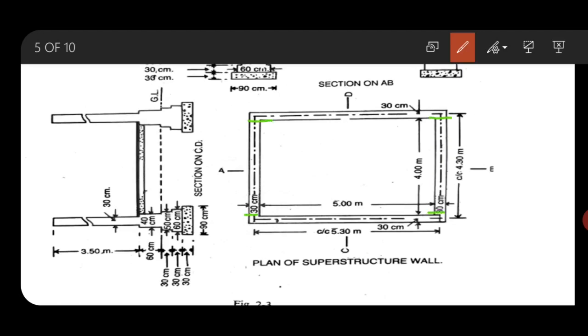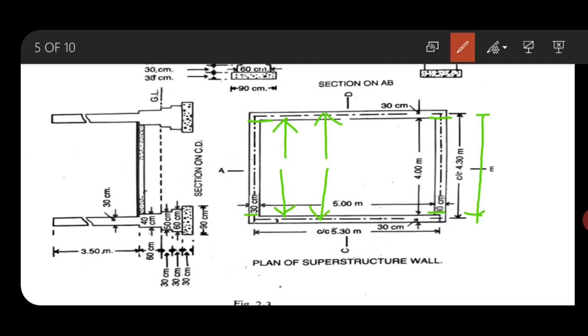So now for calculation of the short wall we require only this much of length. This much of length can be calculated by subtracting from the center to center length, which is 4.3.